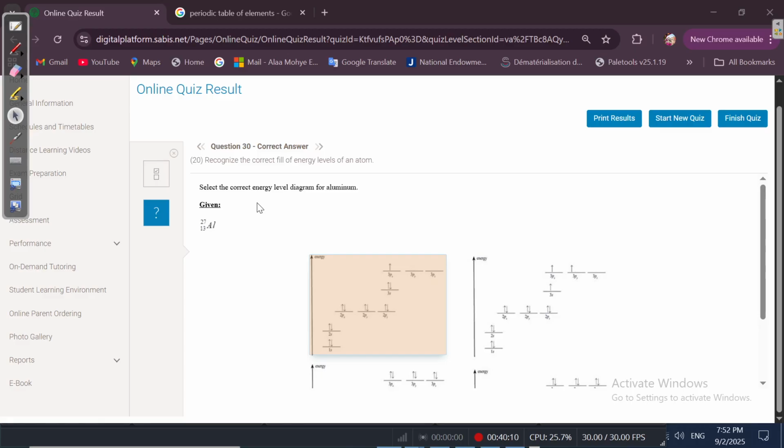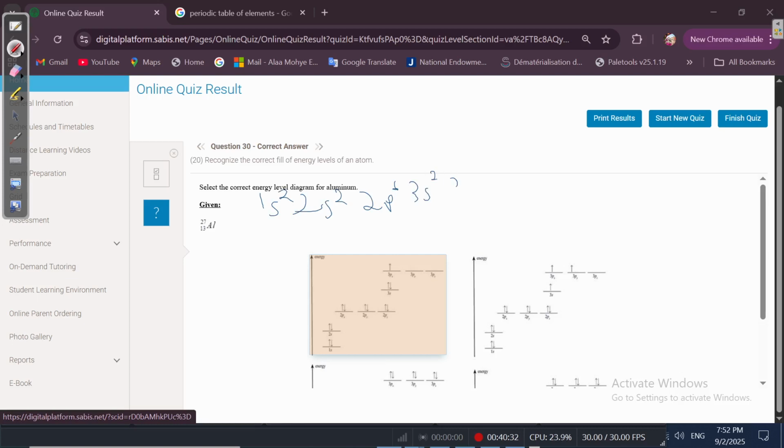Select the correct energy level diagram of aluminum. Okay. Easy. It's basically the box diagram, but in a more complicated way. Aluminum is how much? 1s2, 2s2, 2p6, 3s2, and 3p1. Just easy. 1s2, there are 2 electrons, so up down. 2s2, 2 electrons, so up down. 2p, as you remember, p has how much? 3 boxes.